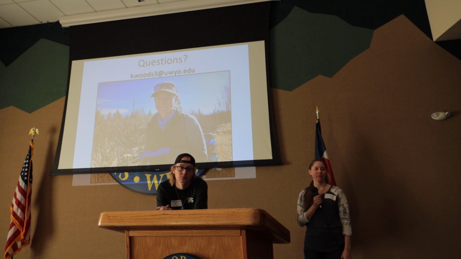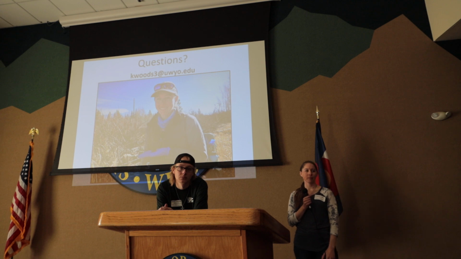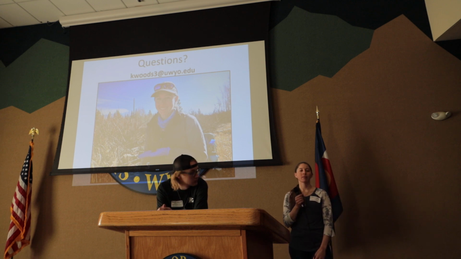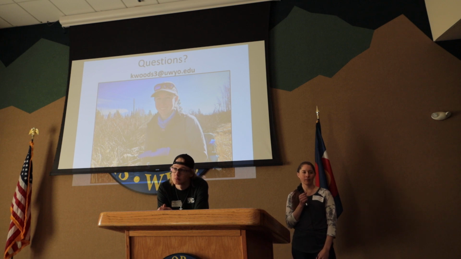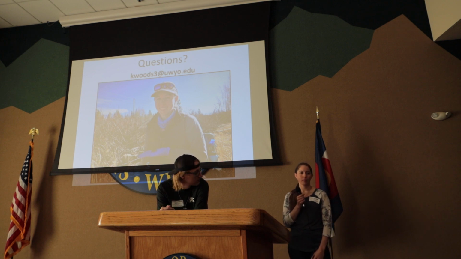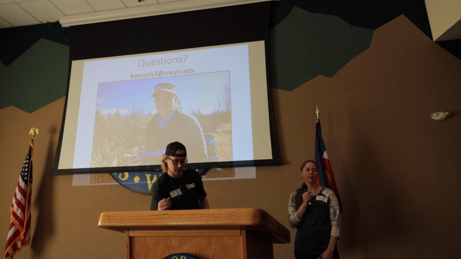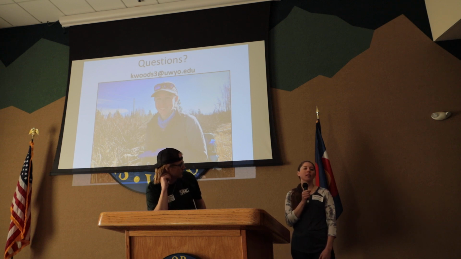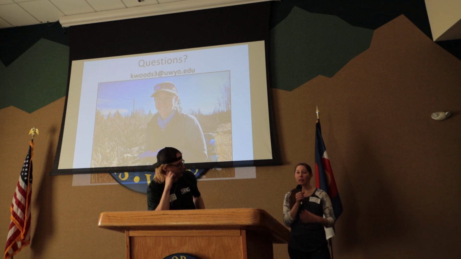I was wondering if you maybe have already done this or considered measuring the actual frog's body temperature with a thermocouple or something. Considering the microhabitat selection, if they are warmer, they might be losing moisture more quickly. So maybe that's an explanation for choosing those higher moisture habitats. Yeah, so we did actually measure body temperature.